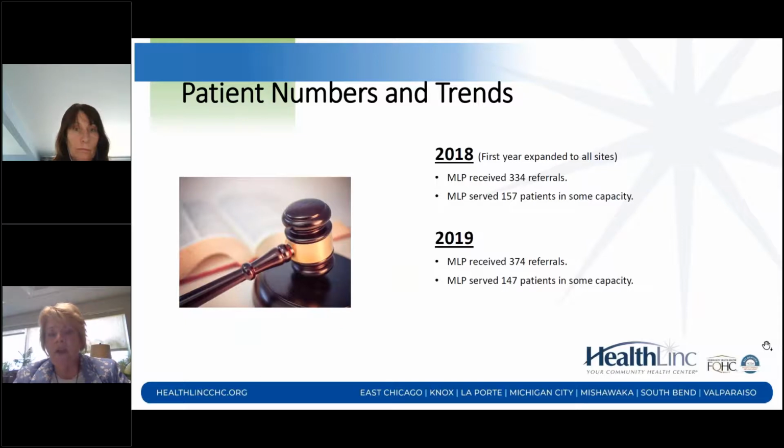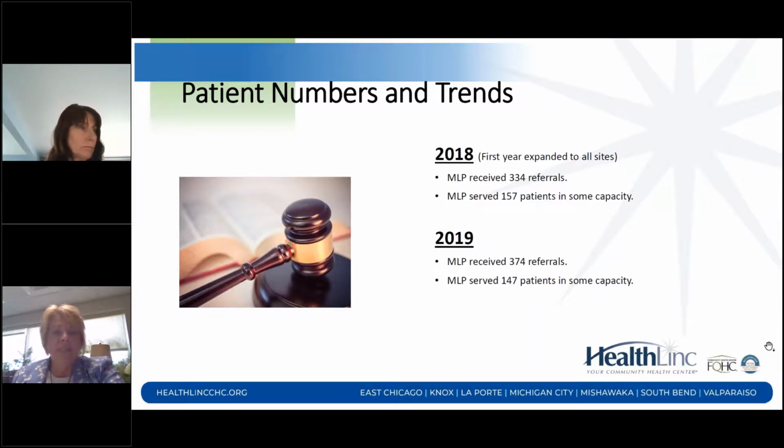So this shows our first year, we had about 334 referrals, and some of those were either quick fixes or not handled internally. They're sent off. A lot of the immigration issues that we've seen have been sent out to Indiana Legal Services.